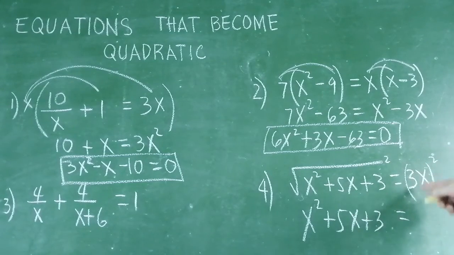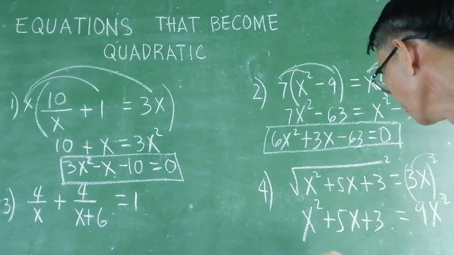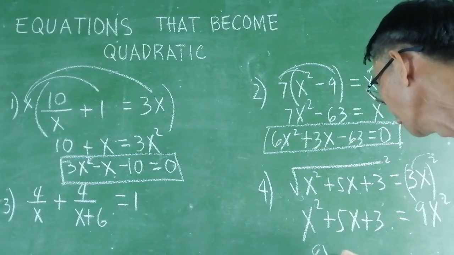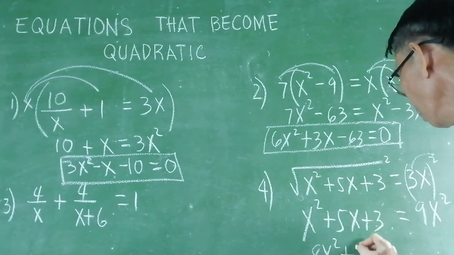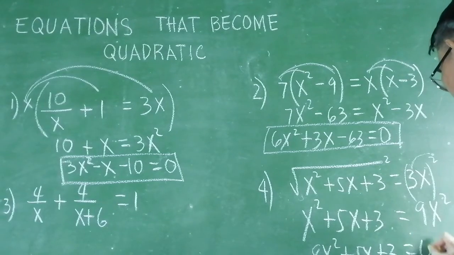And then you are going to square that, it will be 9x squared. So transposing to the left side will be 9 minus 1x is negative 8x squared plus 5x plus 3 equals 0.